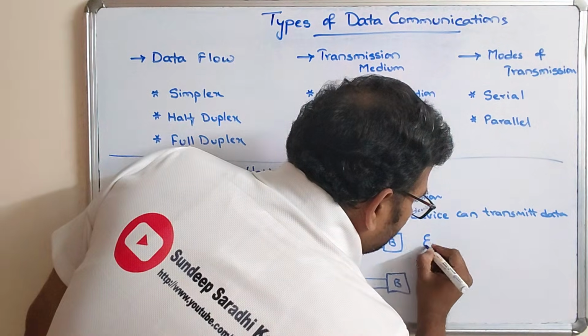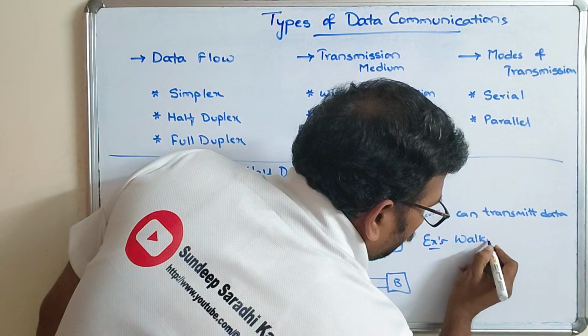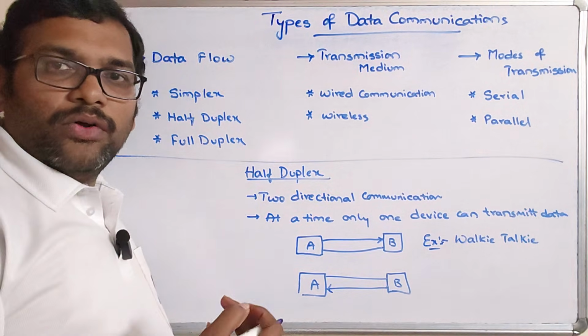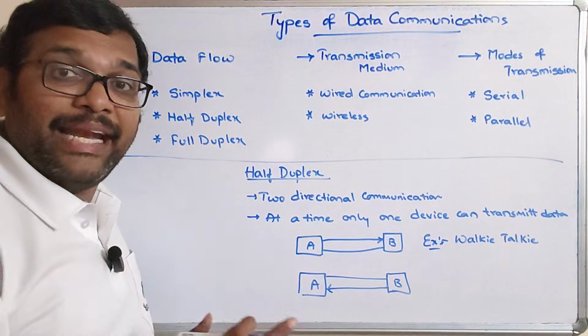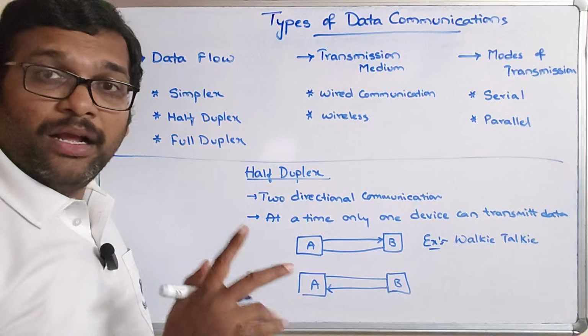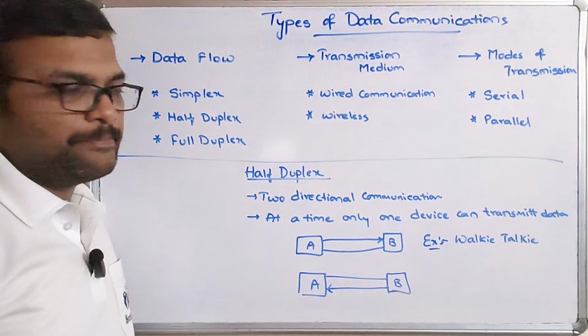An example for this half duplex is walkie-talkies. In walkie-talkies also only one-way communication is done at a time. The mutual communication will be done but not at the same time. So that is called half duplex.